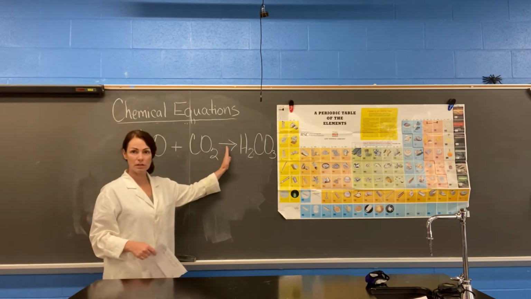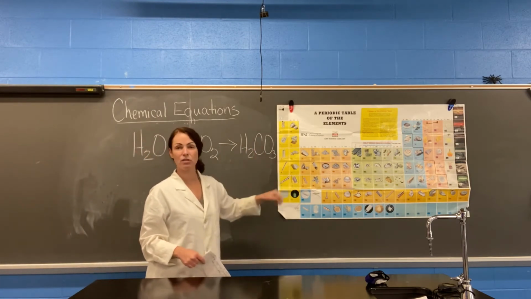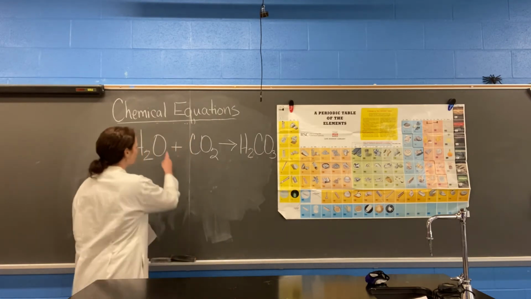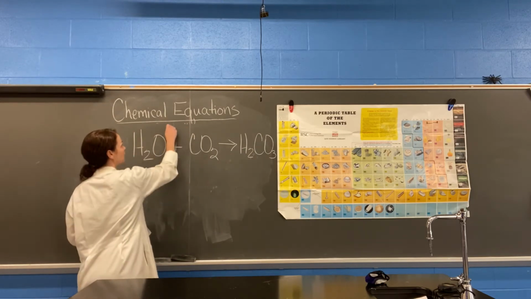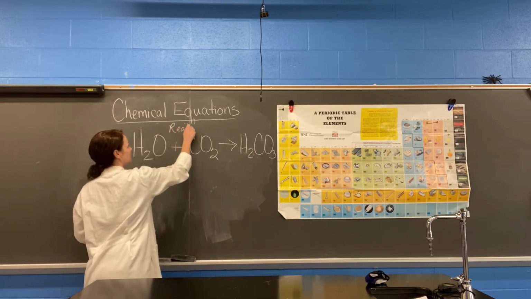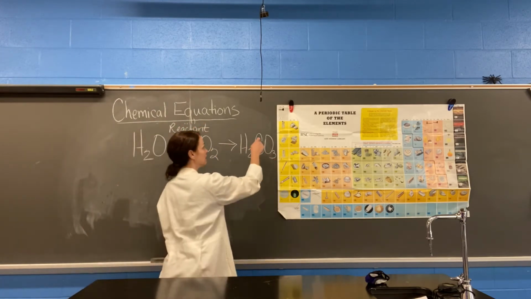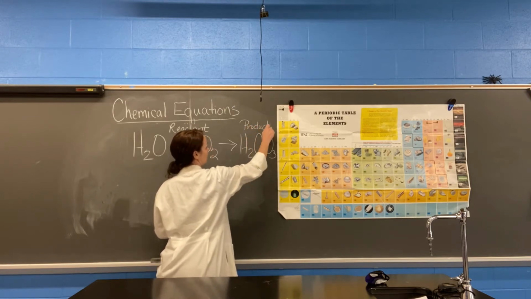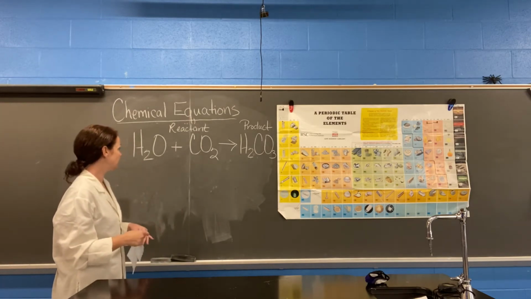The arrow shows us where the chemical reaction takes place, and the things on the right side show us what results from that chemical reaction. So we call all of these things on the left side of the arrow the reactant. And all of the things on the right-hand side are called the product, which makes sense because it is the end result. It's what comes out of the chemical reaction.